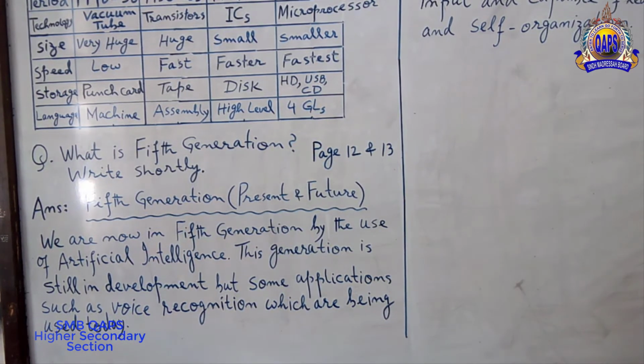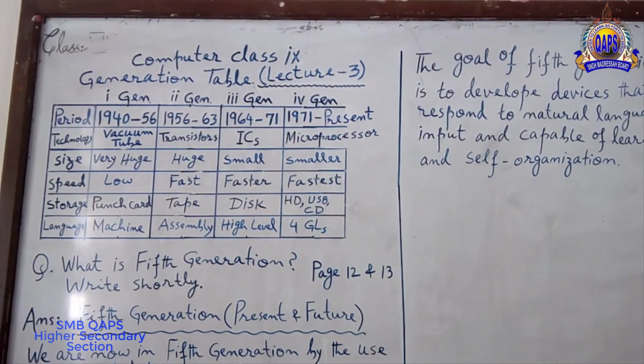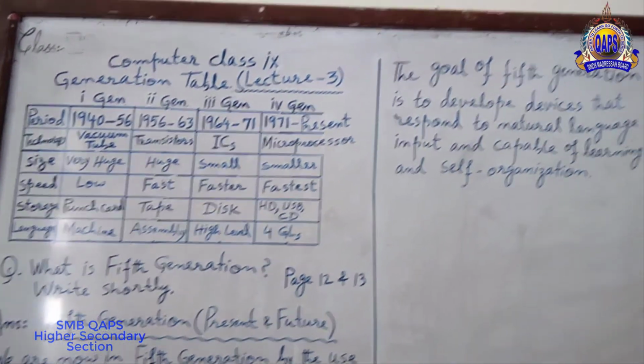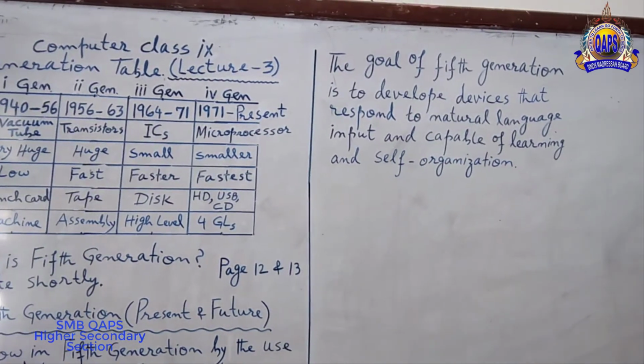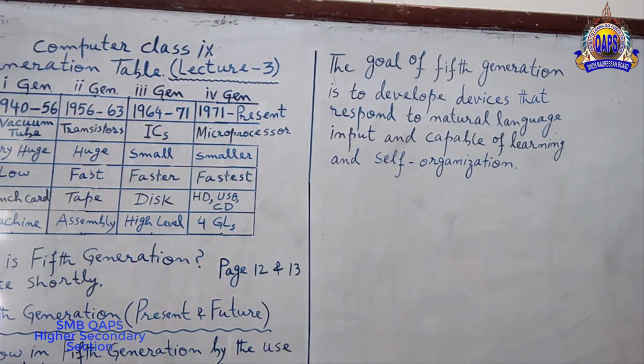I am talking about the left hand side. Now have a look at the right hand side. The goal of fifth generation starts from over here, ending with self-organization. Understand? Okay, students, thank you very much.